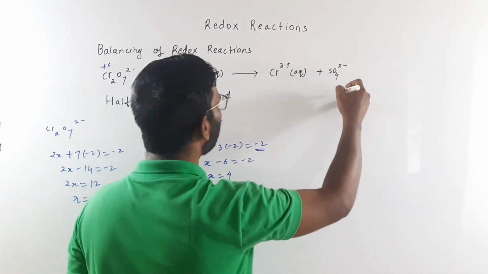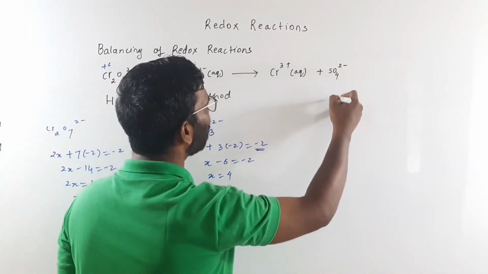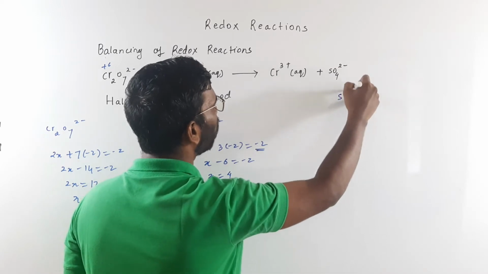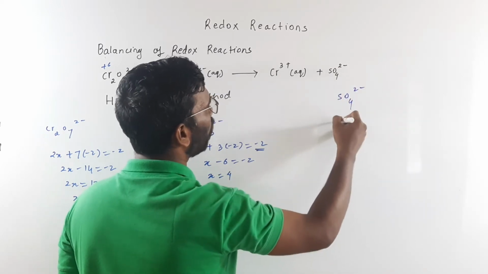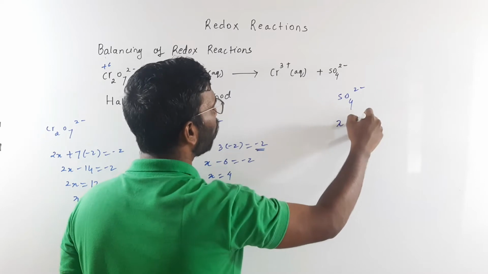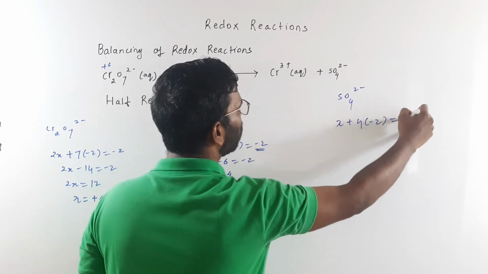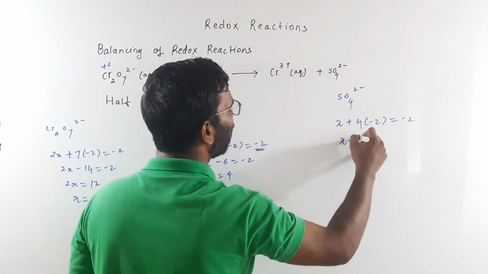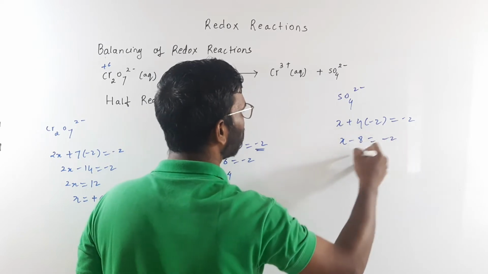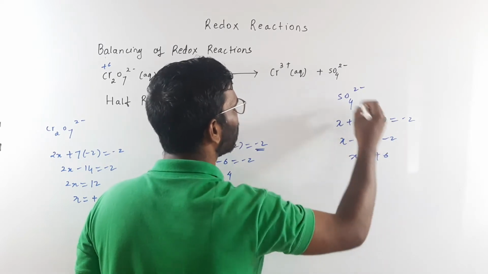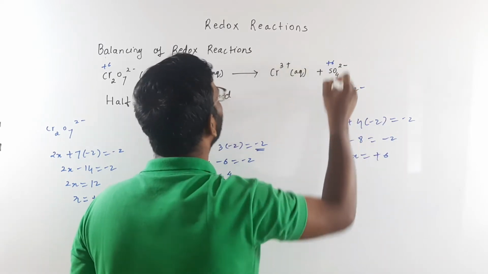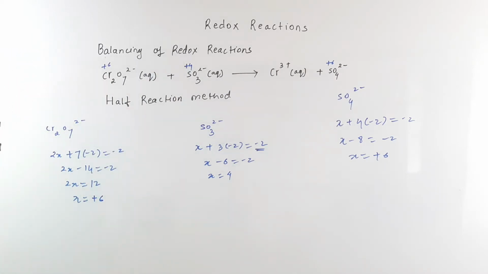Here, what is sulfur in SO4 2 minus? x plus 4 into minus 2 is equal to minus 2, x minus 8 is equal to minus 2, x is equal to plus 6. So here sulfur is in the plus 6 oxidation state. What is happening over here?